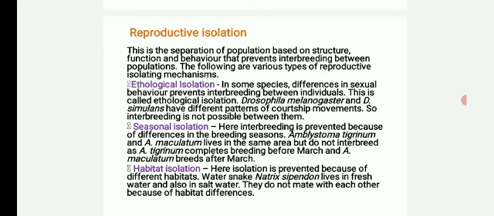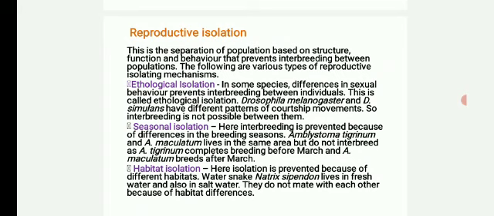This is called ethological isolation. Example: Drosophila melanogaster and Drosophila simulans have different patterns of courtship movements, so interbreeding is not possible between them.